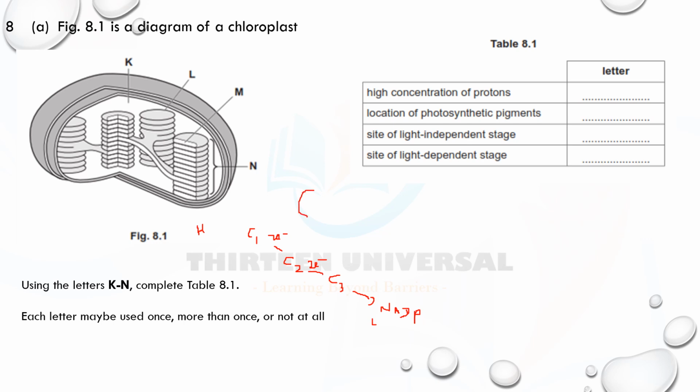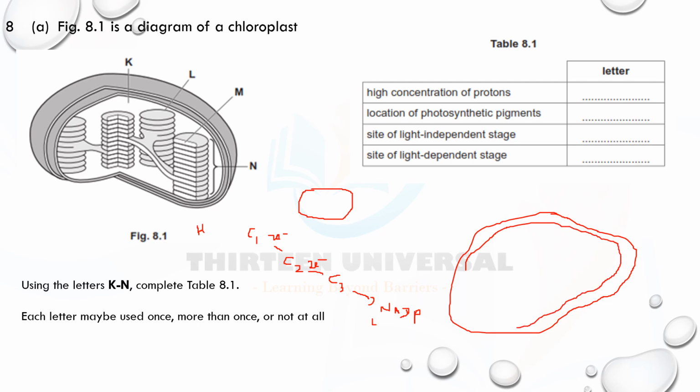Protons are pumped from the stroma, if you remember. Now look at this, guys. This is the chloroplast. The chloroplast has a double membrane. That's the chloroplast there. And this is the thylakoid.